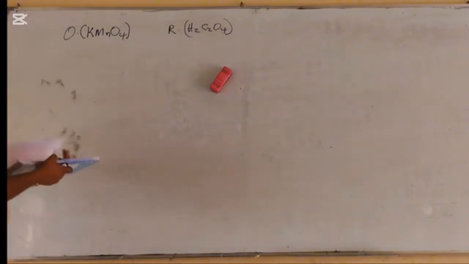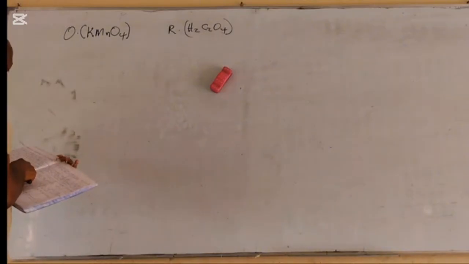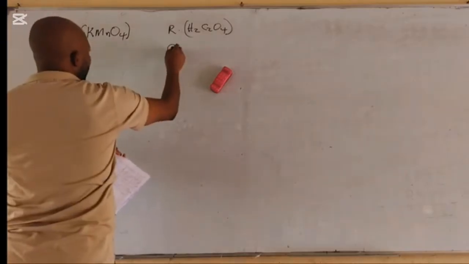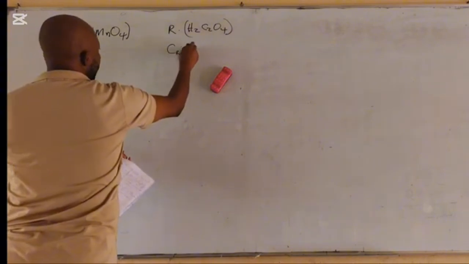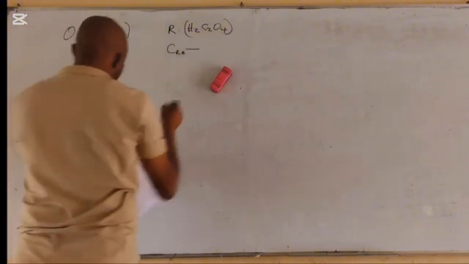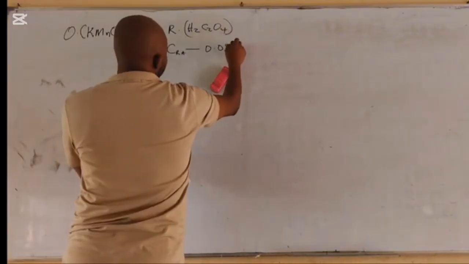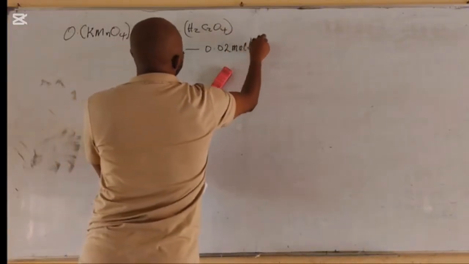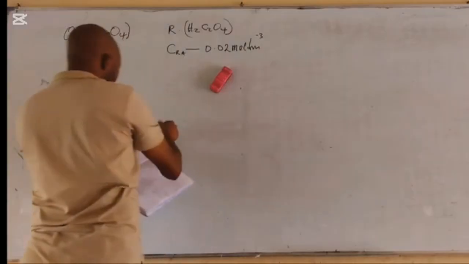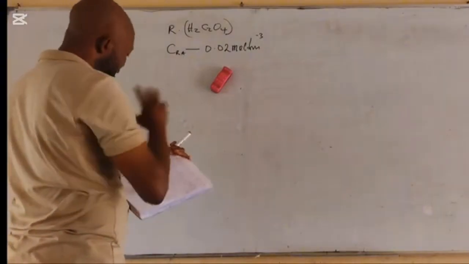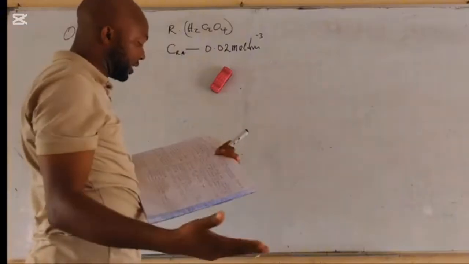Now let's bring out the variables. B is 0.02. The concentration of the reducing agent is 0.02 mole per dm cube of ethanedioic acid, and solution C, which is the acid, we have to acidify it before.